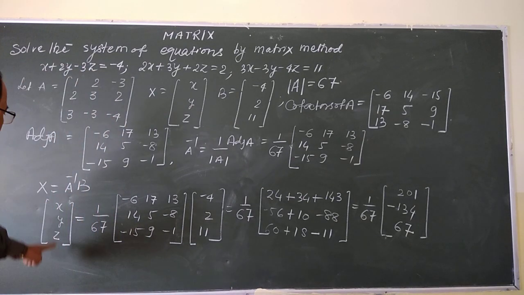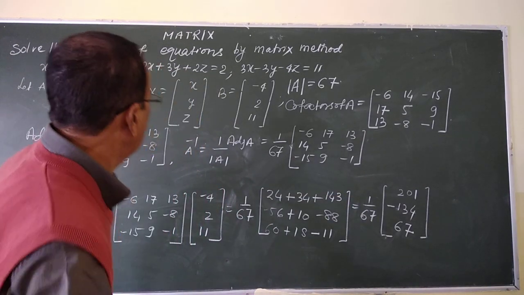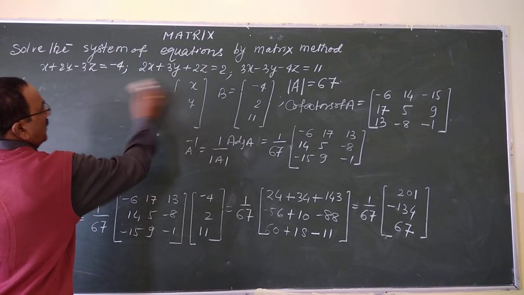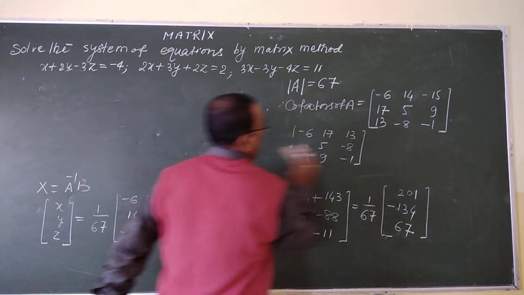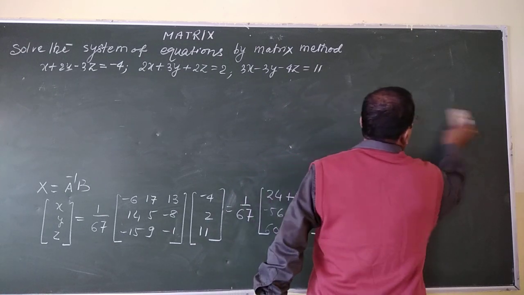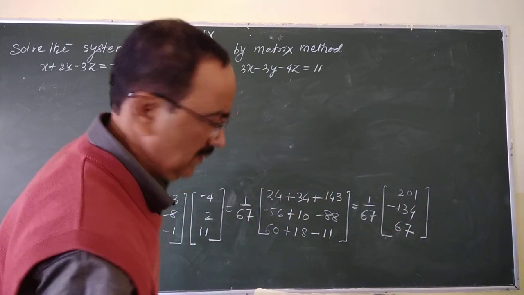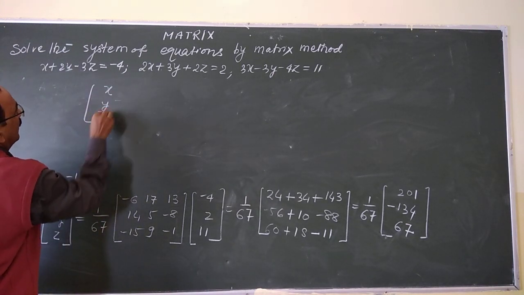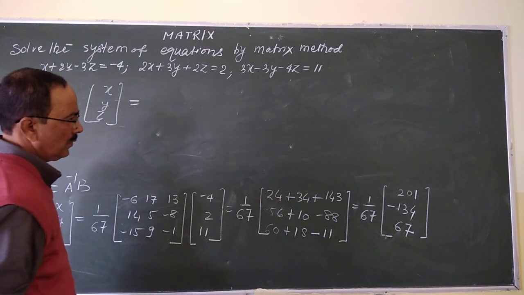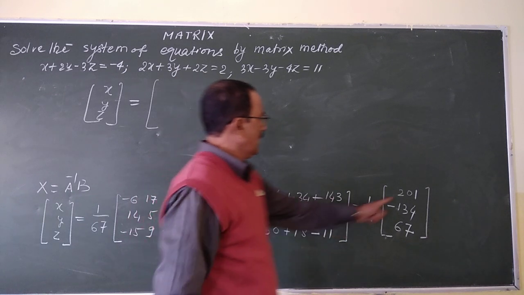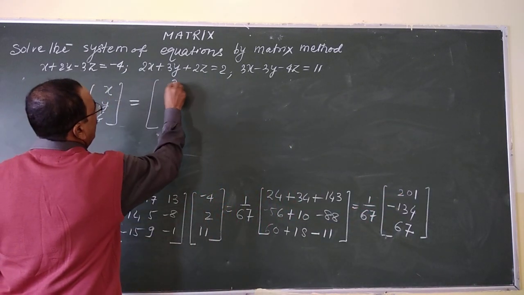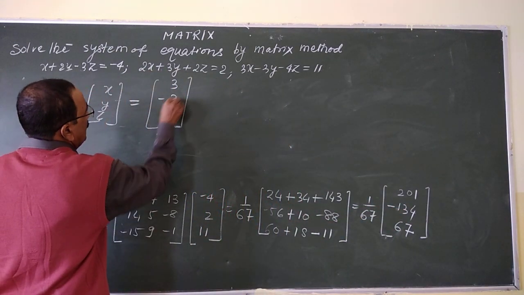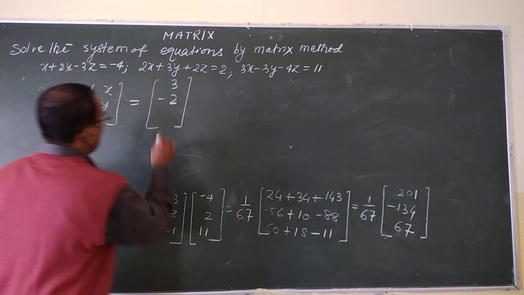Now the matrix X, Y, Z is equal to 1 upon 67 into this one. So X, Y, Z is equal to 201 divided by 67, this is 3; minus 134 divided by 67, minus 2; and 67 divided by 67, this is 1.